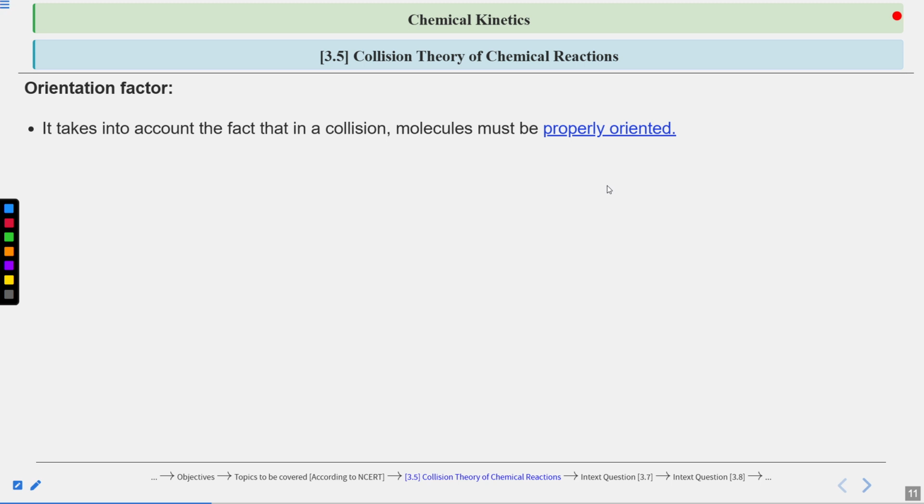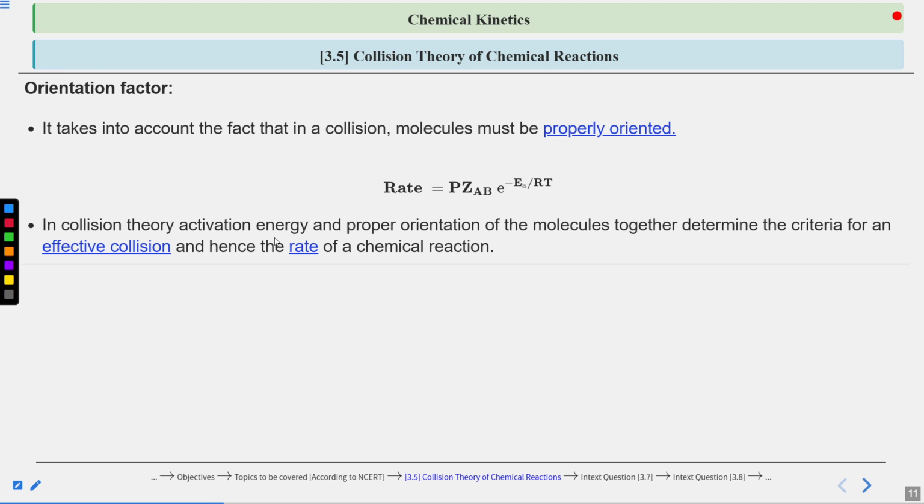That means orientation should be correct. They should have the minimum amount of kinetic energy to react. This is a particular condition that has to be considered in a collision. So the rate equation is given as P Z_AB e to the power minus E_a by RT. So we also add a factor P in this equation.